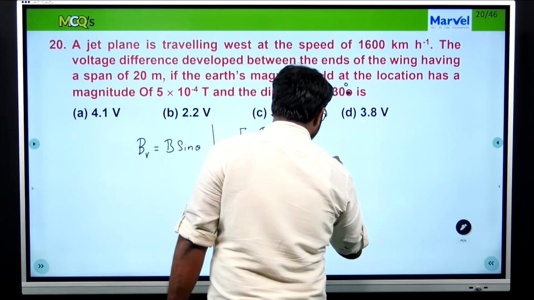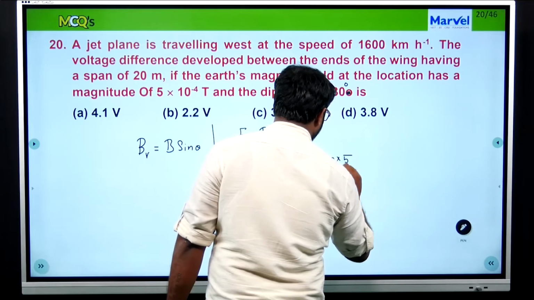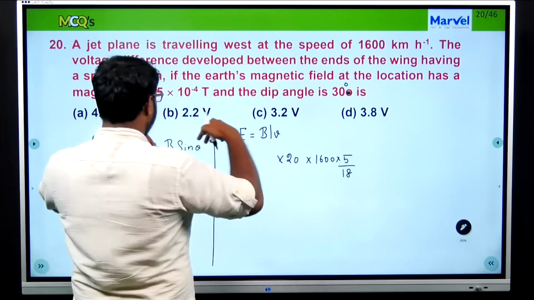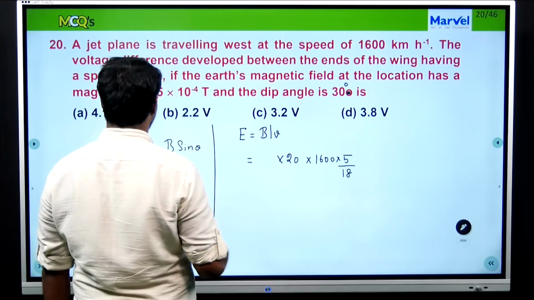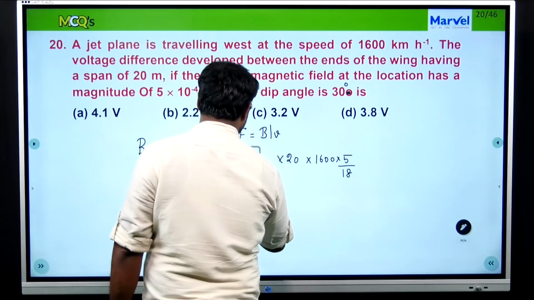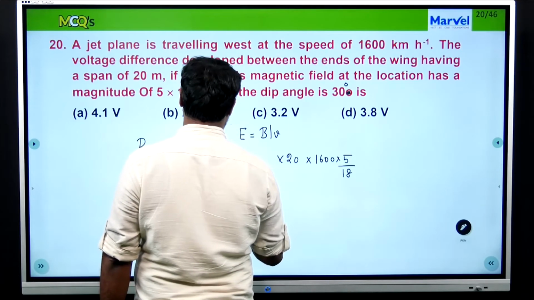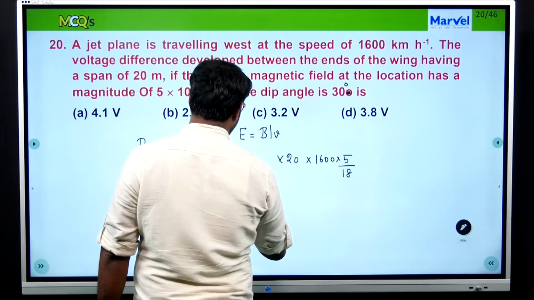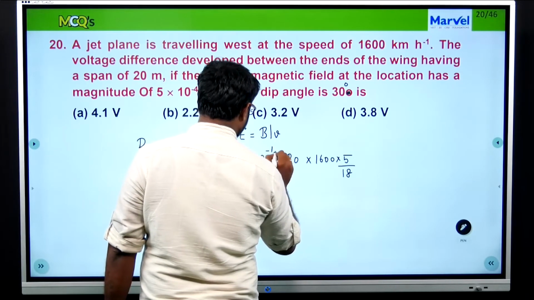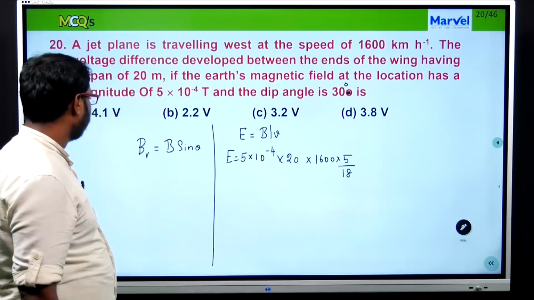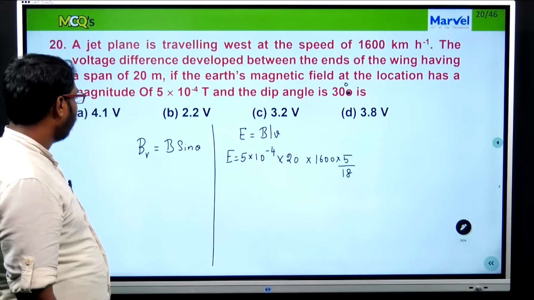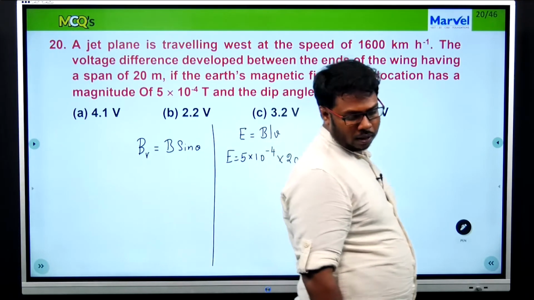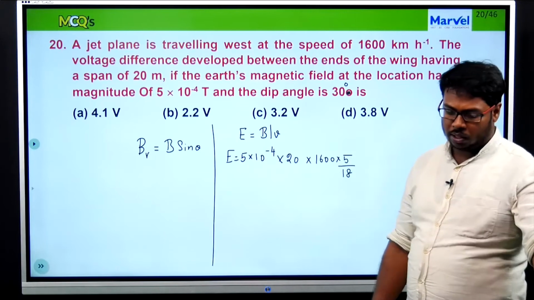So 1600 kilometer per hour should be converted to meter per second. And the magnetic field is nothing but 5 into 10 power minus 4 T. So we have everything with us. All we have to do is just plug in and get the answer.